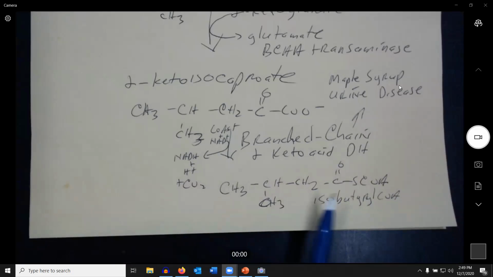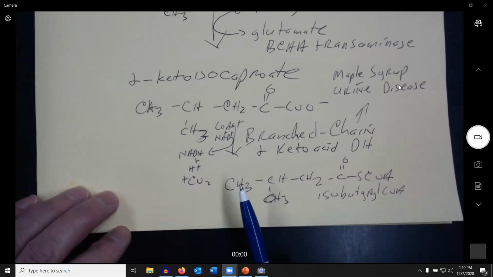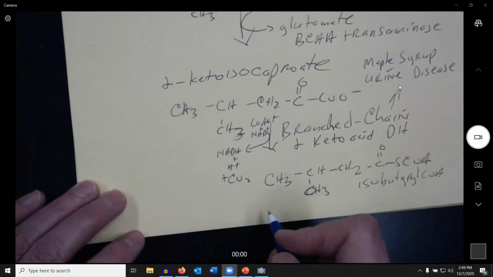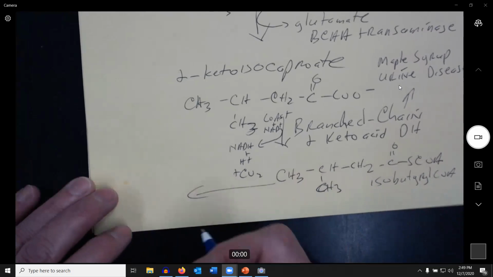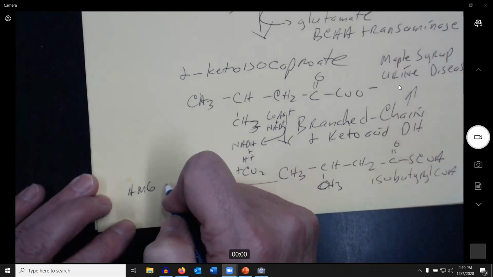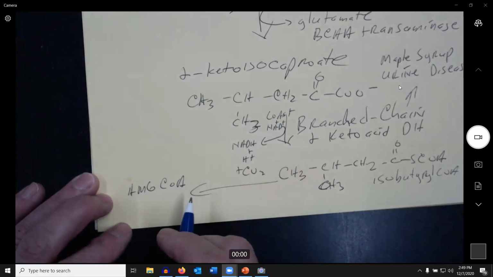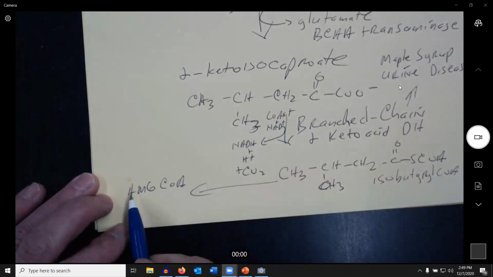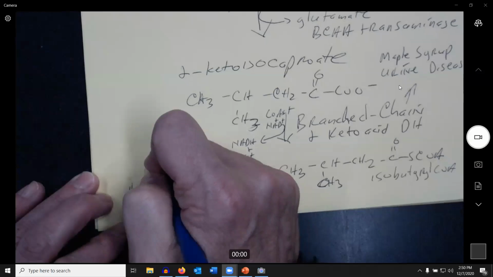Okay, getting back to what goes on here, you then essentially are going to have several steps, about 3 more steps. This will eventually give you HMG coenzyme A. HMG coenzyme A stands for beta hydroxy beta methylglutaryl coenzyme A, and then there's an HMG coenzyme A lyase.